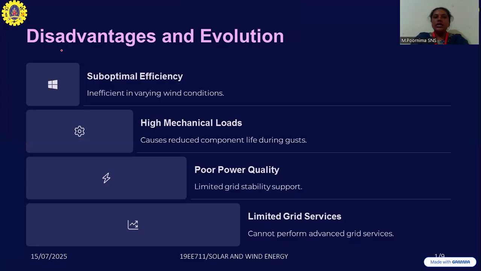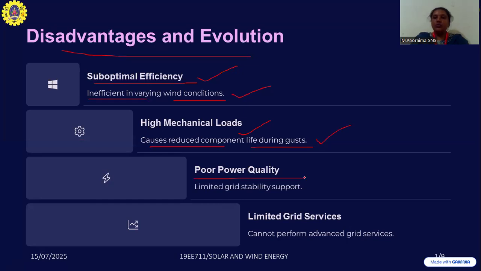Now coming to the disadvantages. The main one is suboptimal efficiency: it is inefficient in varying wind conditions, so in variable wind conditions the efficiency decreases. Next is high mechanical load, which reduces component life during gusts.